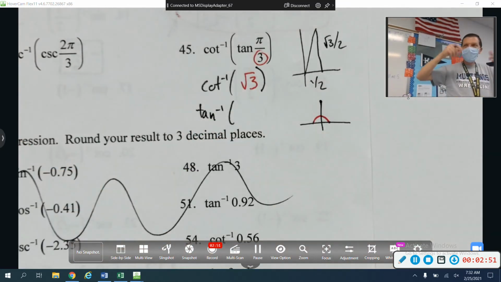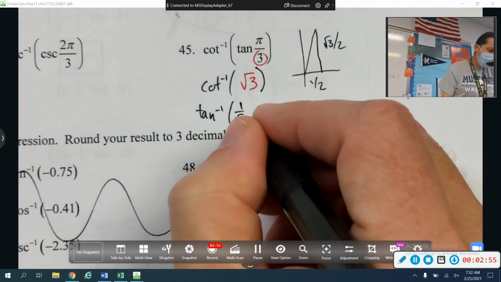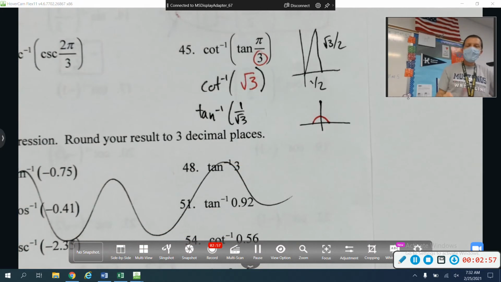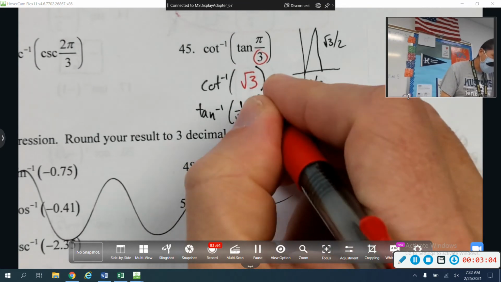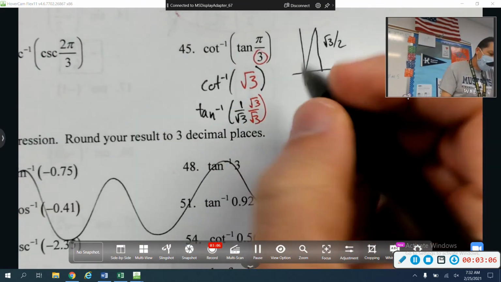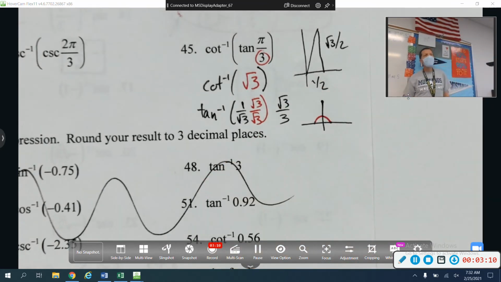So tangent and cotangent are reciprocals, so I'll flip the square root of 3 to be 1 over square root of 3. Which I don't really like because now there's a square root in the bottom. But that's an easy fix. So inverse tangent of root 3 over 3.